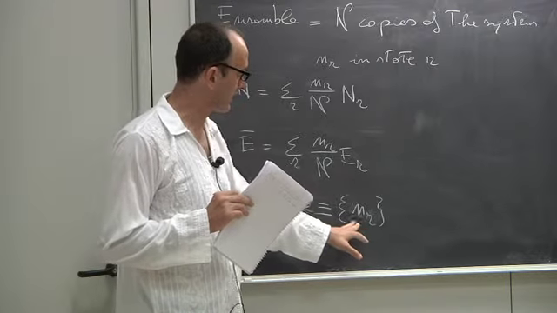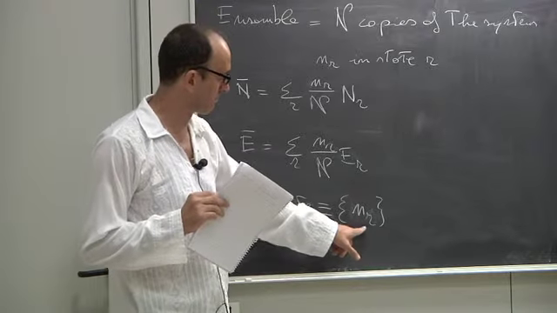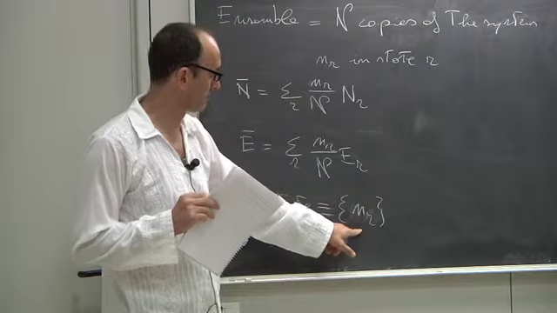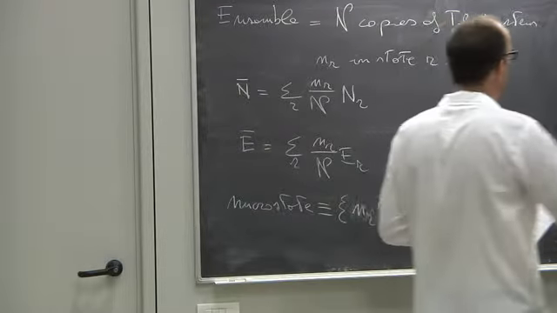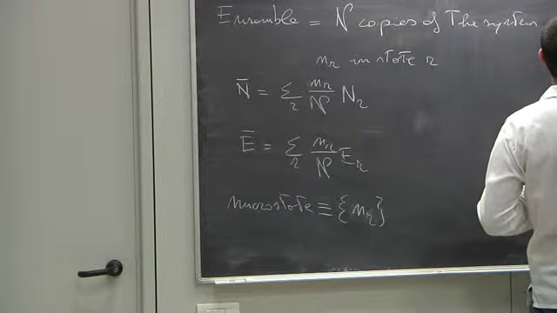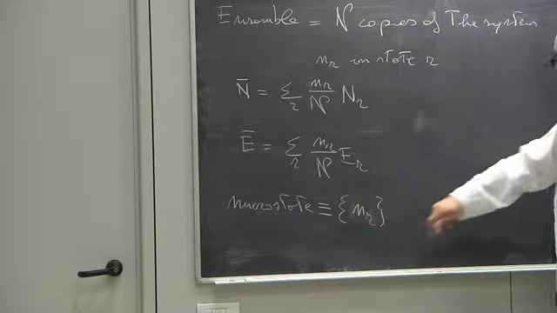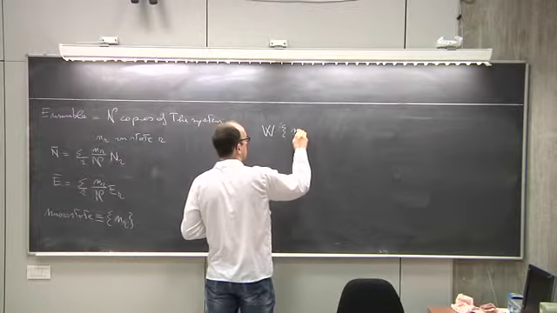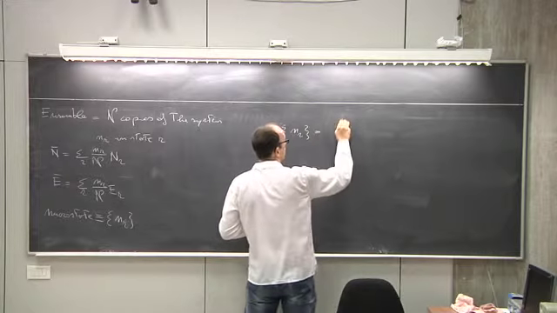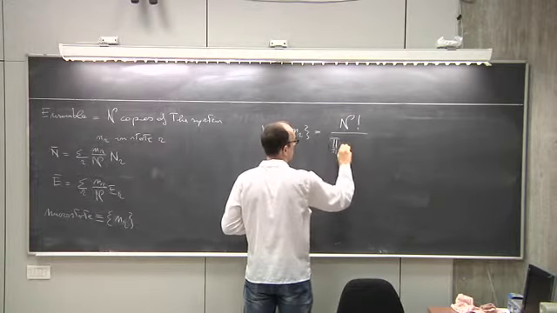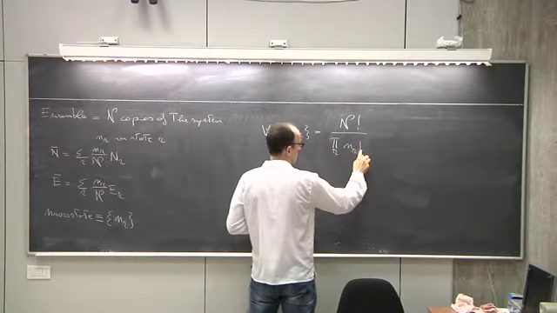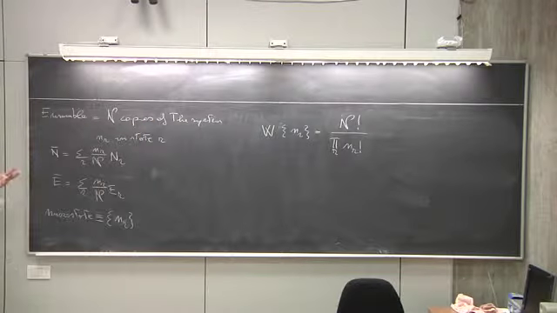For any distribution n_R of the copies of my system on the states, there will be a number of microstates equal to N factorial divided by the product of the n_R factorials, because essentially you have to think about the ensemble as a gas of non-identical particles which are distributed on the possible states of the system.